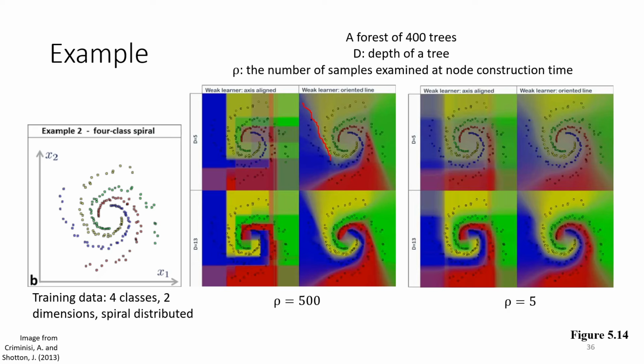Okay, so now let's consider another case. For the left figure, the parameter is 500. It will use 500 points, randomly selecting 500 points to create a split. But here, it only randomly uses 5 points to create a split.